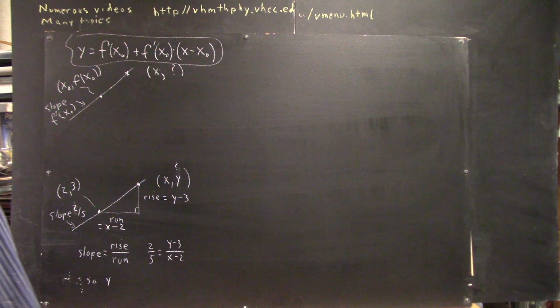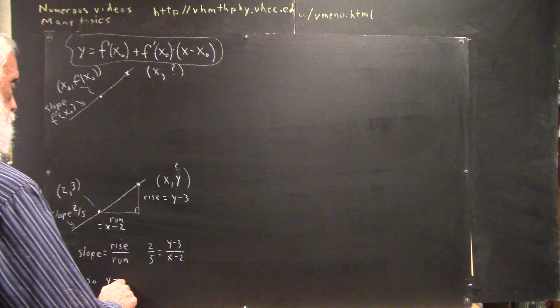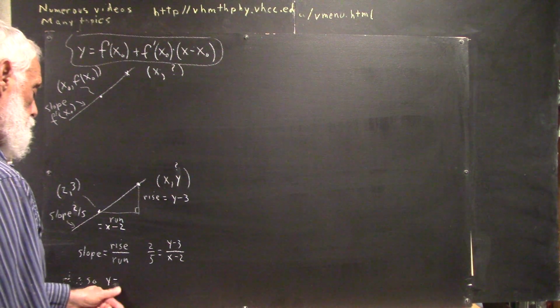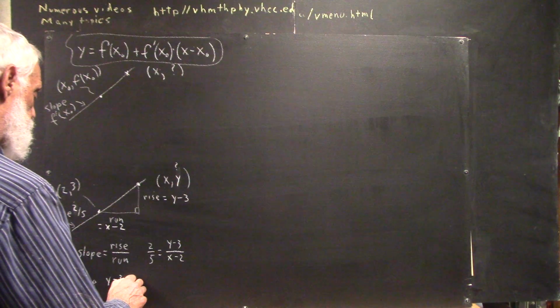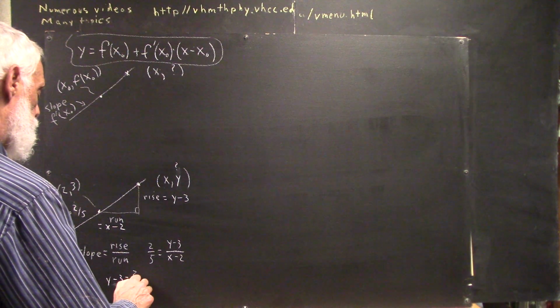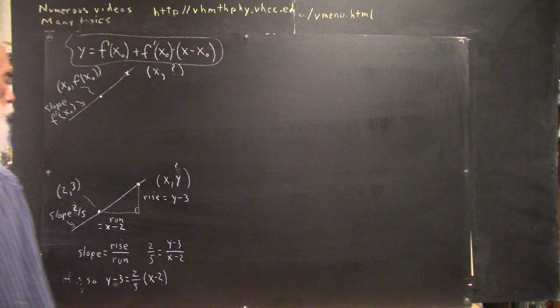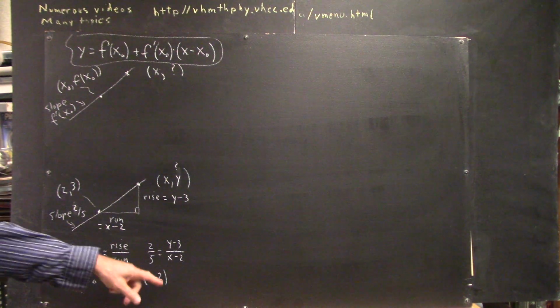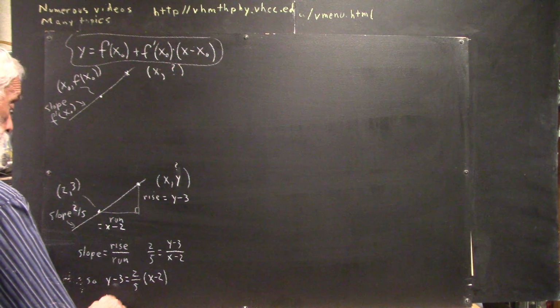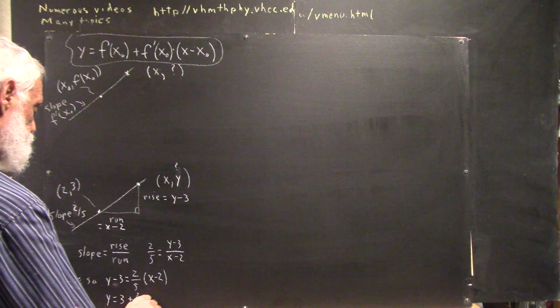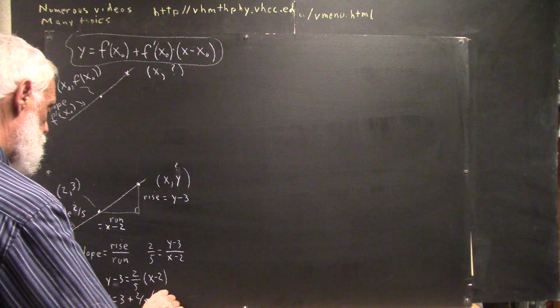So y equals what? No, sorry, y minus 3. Let's do that first. y minus 3 equals 2/5 times x minus 2. If I add 3 to both sides and put the 3 down first here, I get y equals 3 plus 2/5 of x minus 2.